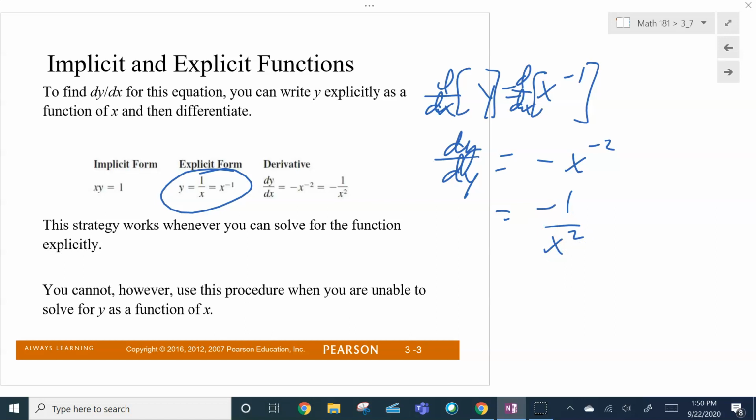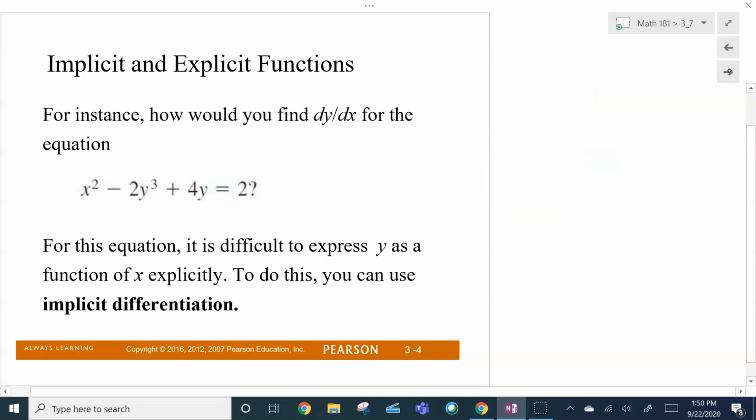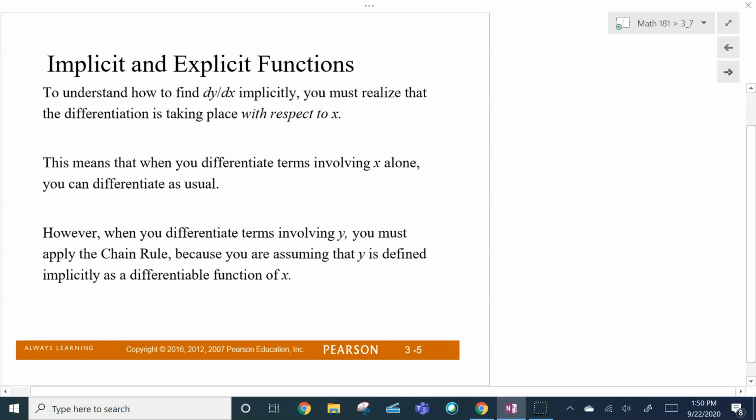Now the problem is you can't always use this procedure. For example, here you notice the 2y cubed, you've got the 4y. How are we going to solve for y and have y as a function of x explicitly? You can't.